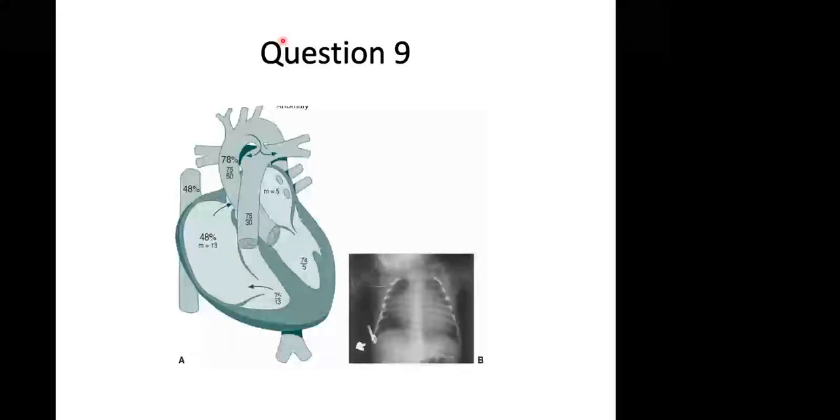Question number 9 is also a picture question. So there's an X-ray where even on seeing the X-ray, you can suspect a heart disease. So you have a wall-to-wall cardiomegaly, or what is called a box-shaped heart. This is the classical Ebstein anomaly, where you have a very large RA, and the tricuspid valve, particularly the septal leaflet, is displaced towards the right ventricle.